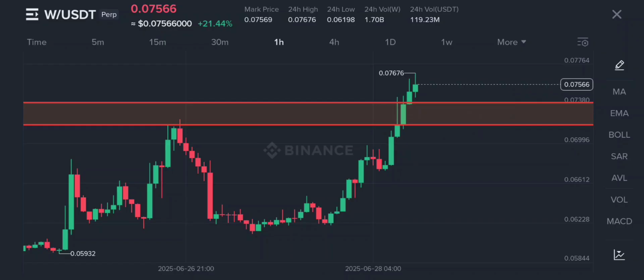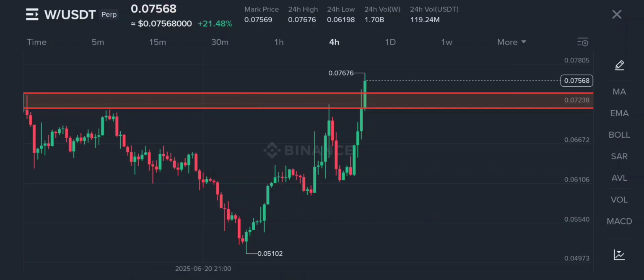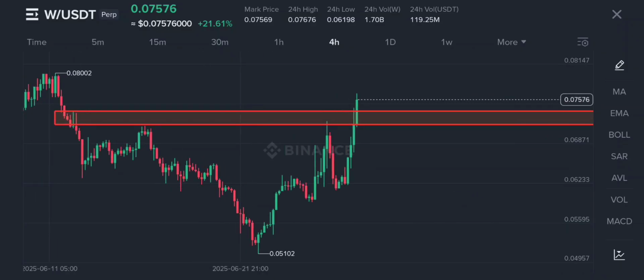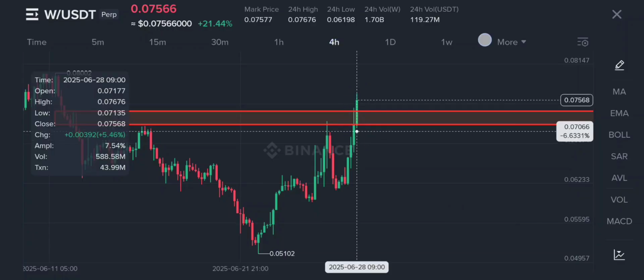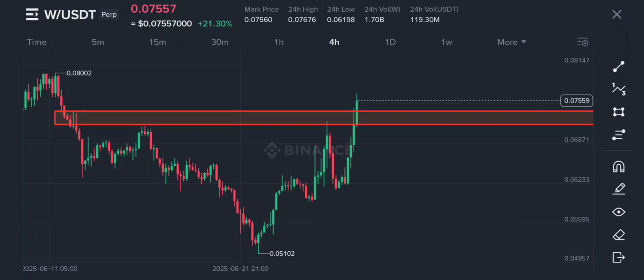But what I'm seeing here is that this might be a continuation of this pattern. So what do I expect? One, I expect this very 4 hours candle to close in a full body candle. If this closes in a full body candle, I'll be expecting price to retrace back into our point of interest.